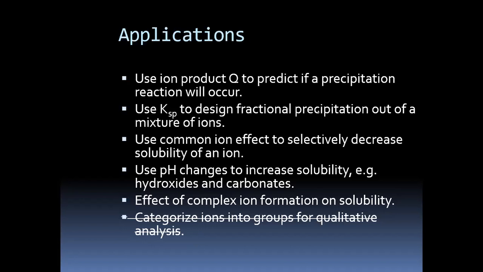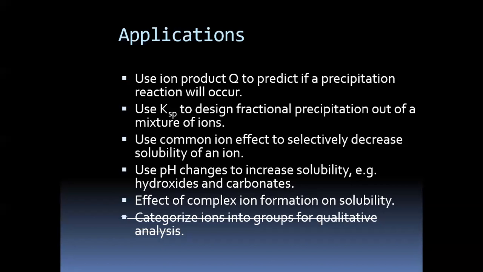For example, let's say I have a mixture of silver chloride and silver bromide. If I add bromide ions to that solution, I am going to cause the silver bromide to precipitate. Even though it has a KSP that's smaller, I'm going to selectively cause it to precipitate. So these are some of the things that you can do.